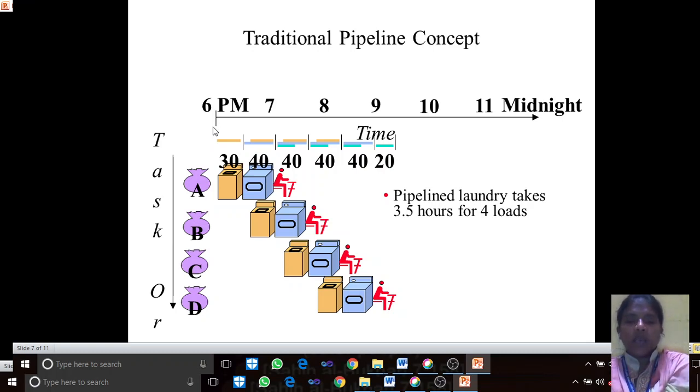The same machines are used, and since concurrent operations take place, it consumes only 3.5 hours. Otherwise it would have consumed around 6 hours, and the whole task of 4 laundries is completed around 9 o'clock, rather than at midnight.